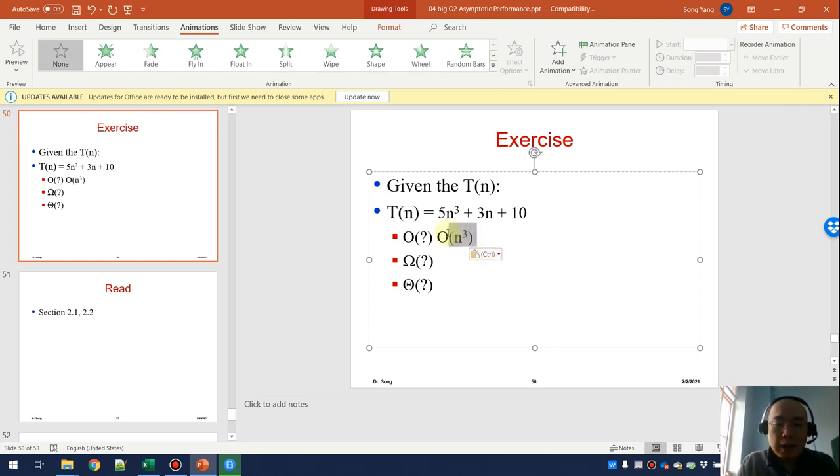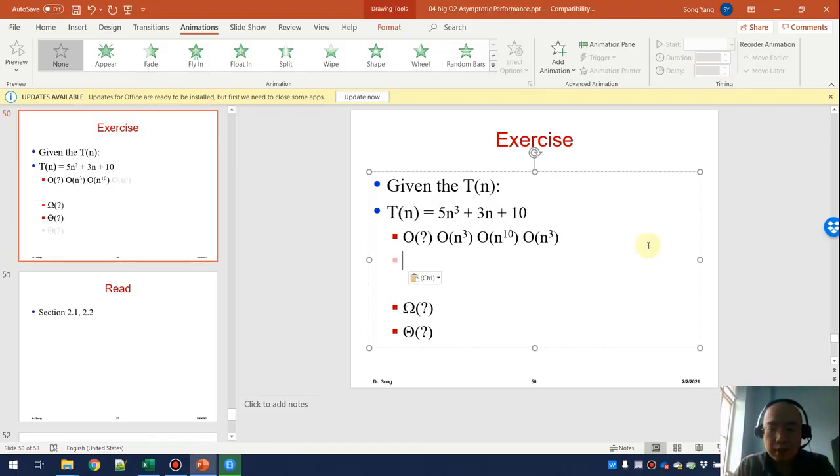How about big O of n to the 10? Is that still right? Yes, it's right, because I'm using a higher degree polynomial. If O of n cubed is already an upper bound, then O of n to the 10, which is steeper, is also an upper bound, right? How about 30? Yes, it is still an upper bound.